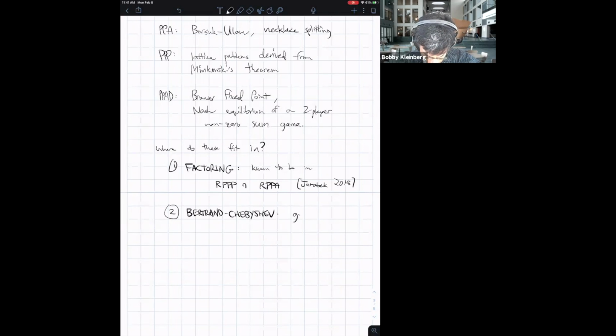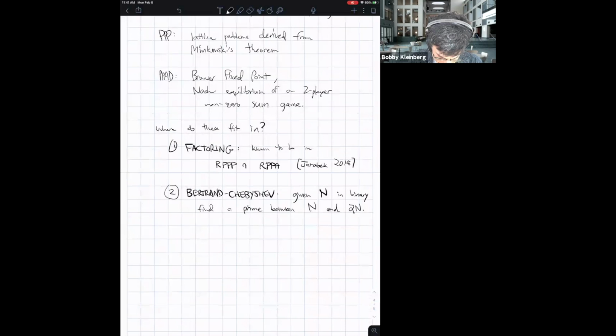So this is: given the binary representation of a large number n, find a prime between n and 2n. You've probably heard of the theorem that a prime always exists in that range. So therefore it's a total search problem. What can we say about its complexity?